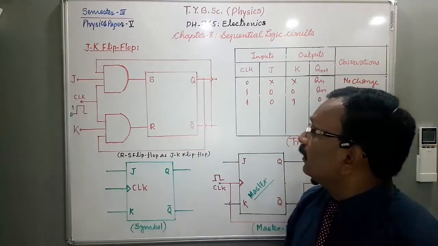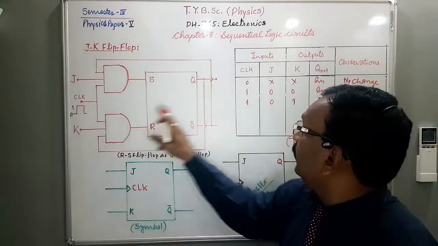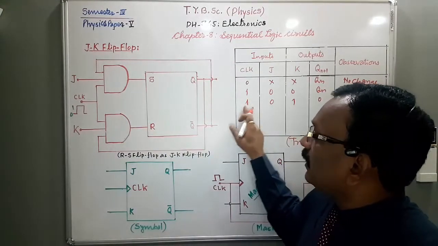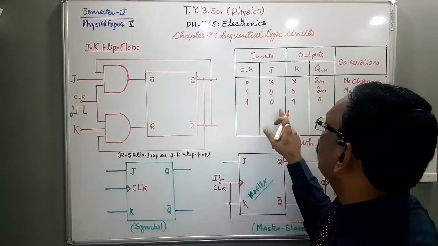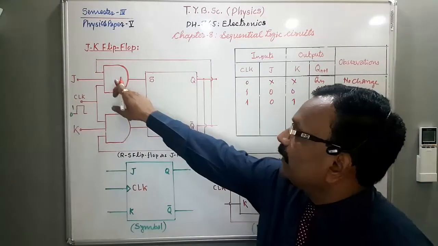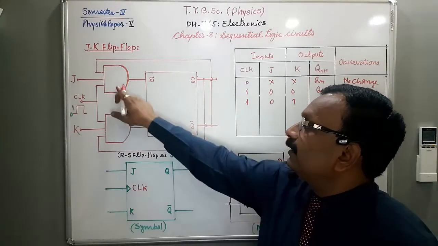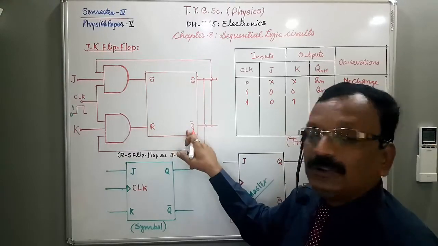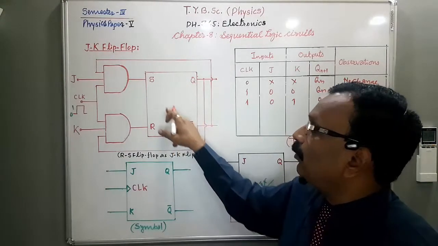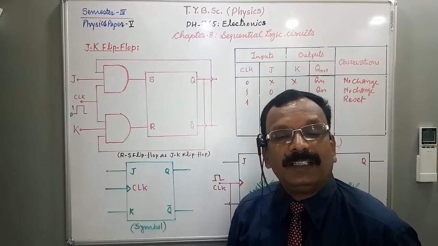Now next condition. See here, listen carefully. This is the condition when clock pulse is high and J is equal to 0 and K is equal to 1. At that time, this upper gate is disabled, this is enabled. As this is disabled, Q is equal to 0, this is enabled, Q bar is equal to 1. So the flip-flop is reset. Why is it so?